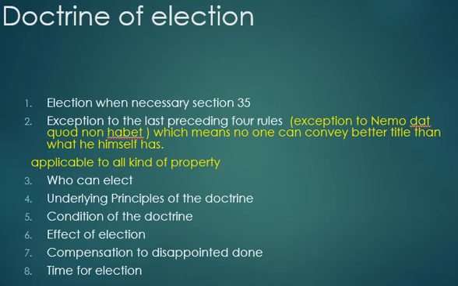First point, election when necessary, section 35. Second point, exception to the last proceeding for rule. Third point, who can elect. Fourth point, underlying principle of the doctrine. Fifth point, condition of the doctrine.